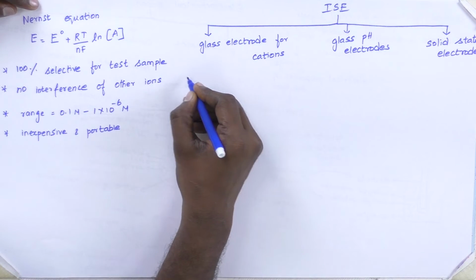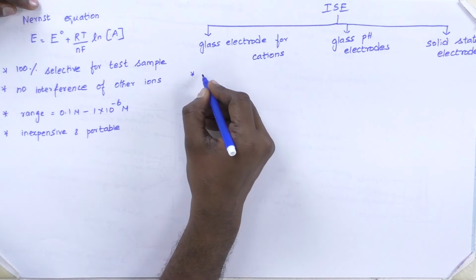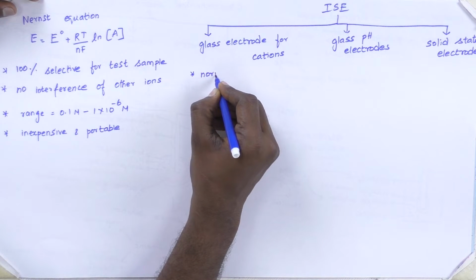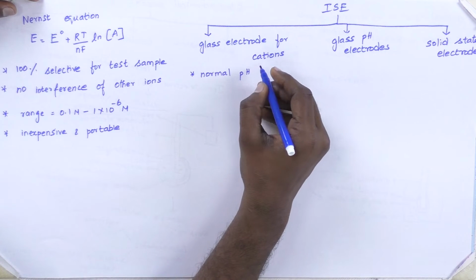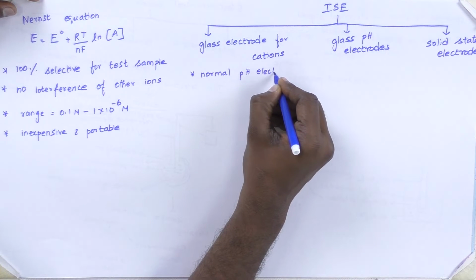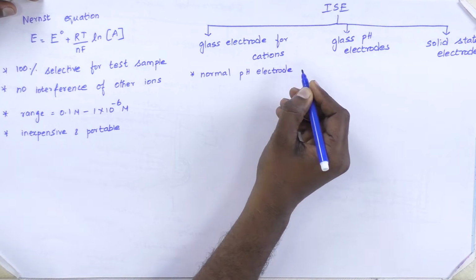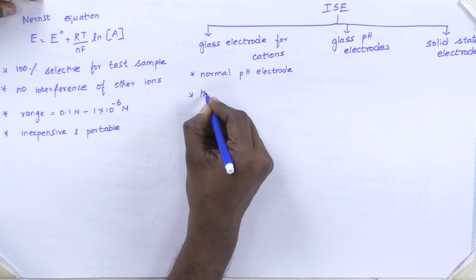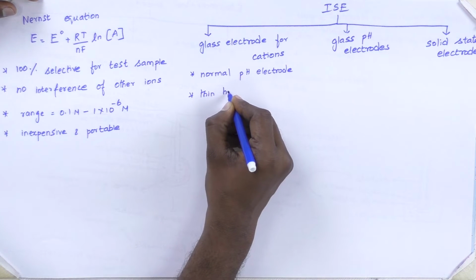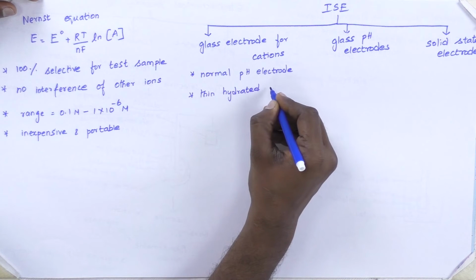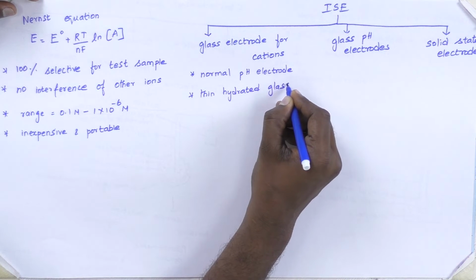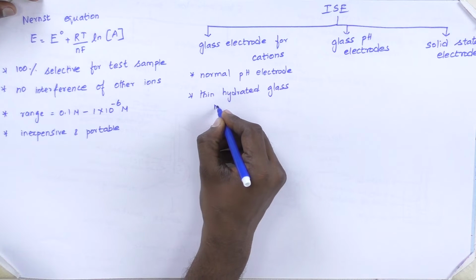The glass electrode for cation, it is a normal pH electrode. It consists of a thin hydrated glass membrane.